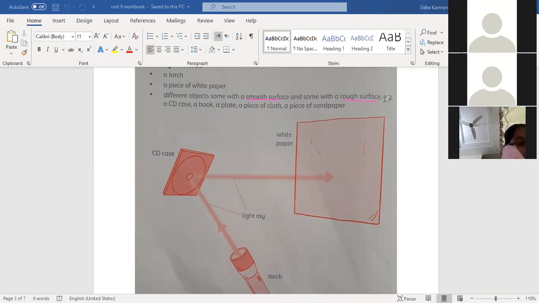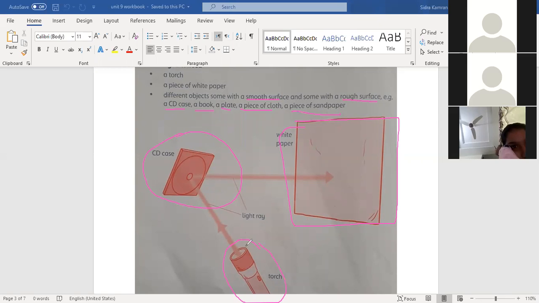It is up to you which type of object you want to choose, because you have to see the reflection in this experiment. Examples are a CD case, a book, a plate, a piece of cloth, a piece of sandpaper. Take one torch and different objects, and place the piece of white paper or any material on the wall where you are going to see the reflection.